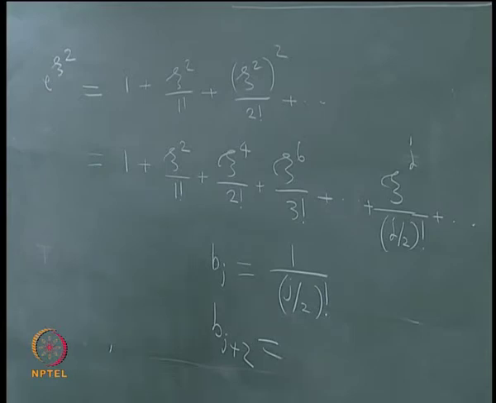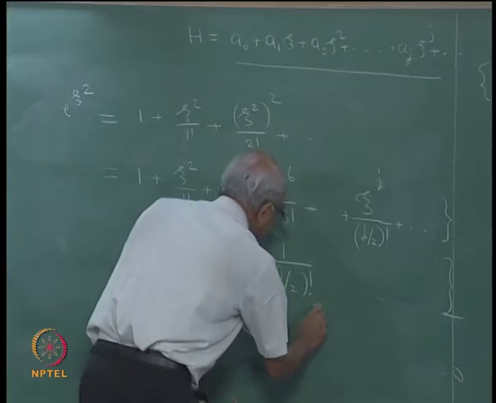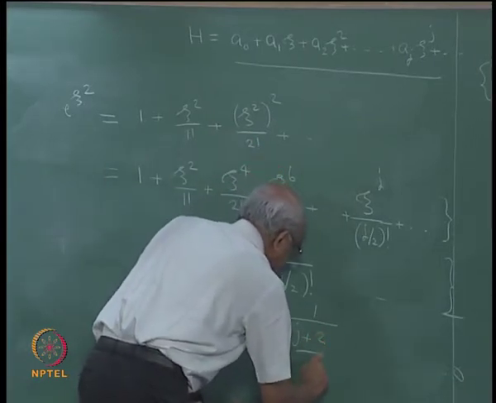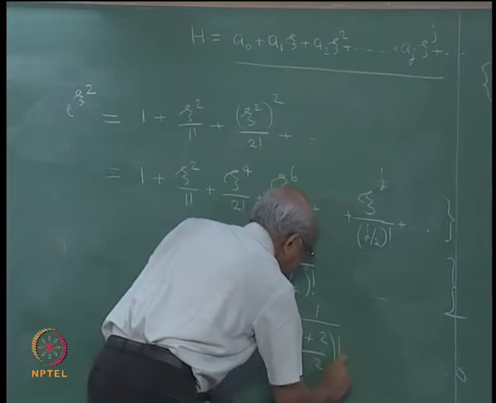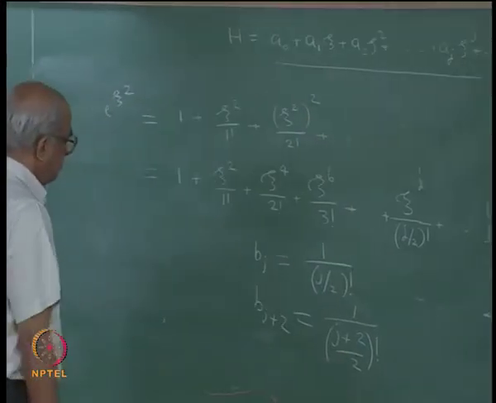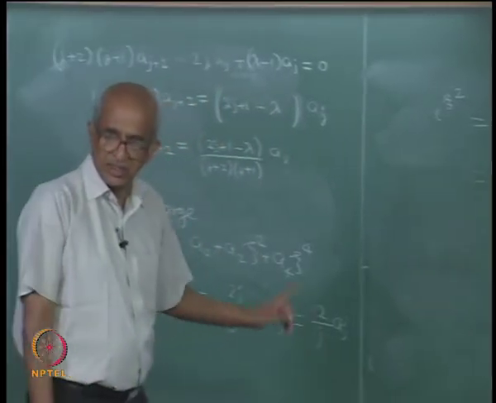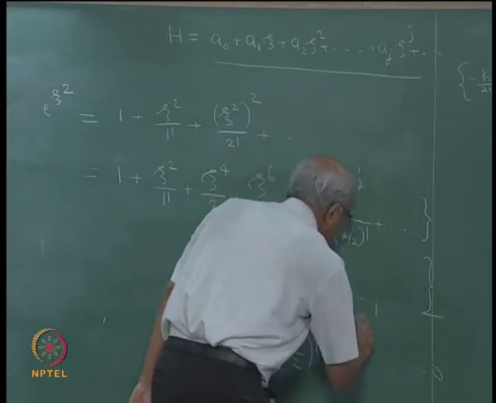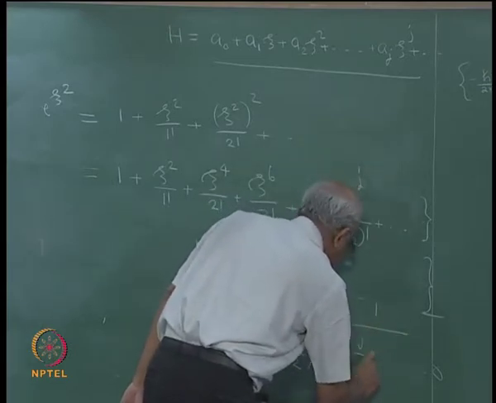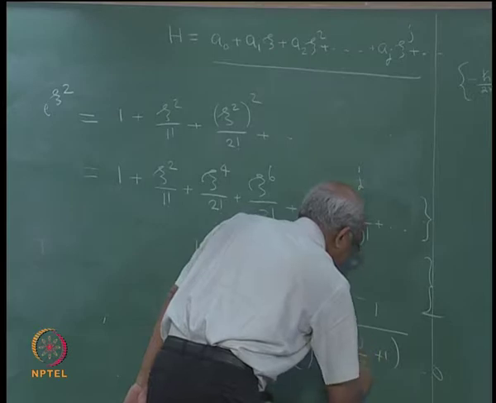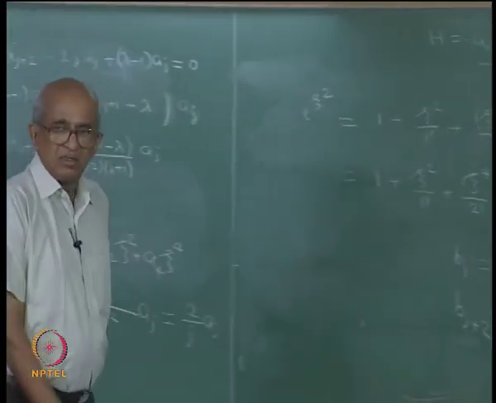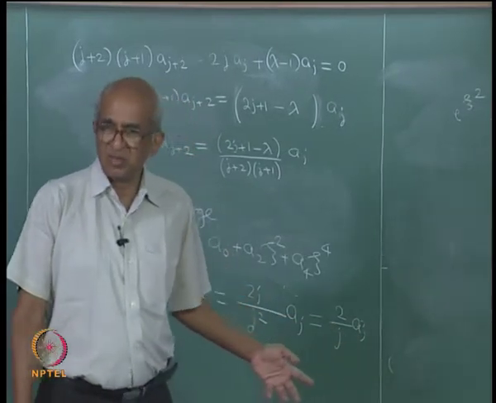The next term is going to be bj plus 2, and what will that be? It will be equal to 1 by j plus 2 by 2 factorial. Agreed, and that will be equal to 1 by j by 2 plus 1 factorial. Correct?